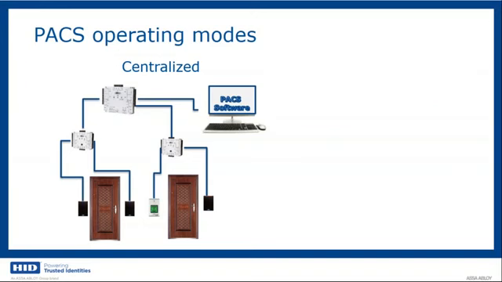These will communicate to a PACS software via TCP/IP, and we can have a lot of them communicating to the PACS software, so we can implement a lot of doors. We will not be restrained by the quantity of doors, but by the quantity of controllers that we can add to our solution.